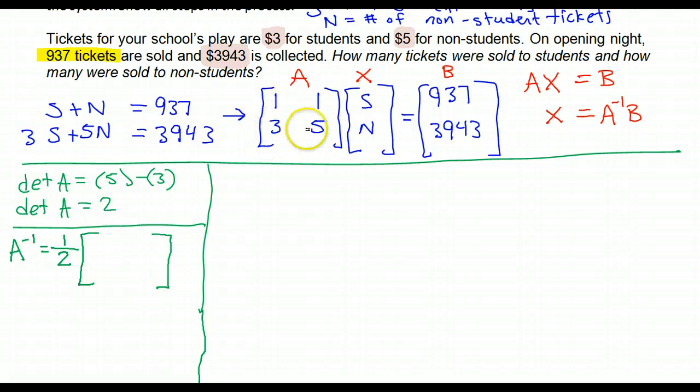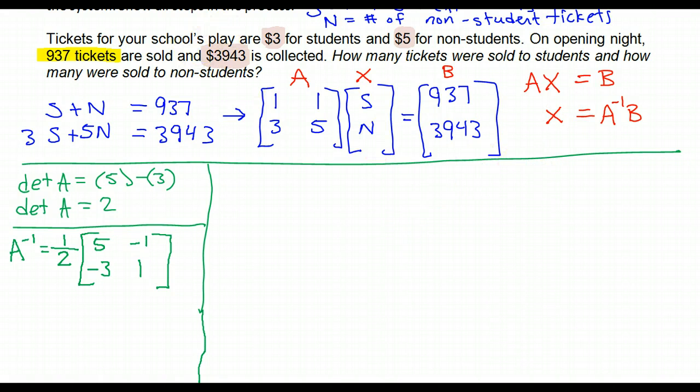So this 1 and 5 is going to become 5 and 1. There I reverse the down diagonal. Now I negate the up diagonal. So this is going to be -3 and -1. So this green is the inverse. Alright, if all I was asking for was the inverse, I would go ahead and divide all these by 2. But I suggest not doing that right now because of everything else we have to do.